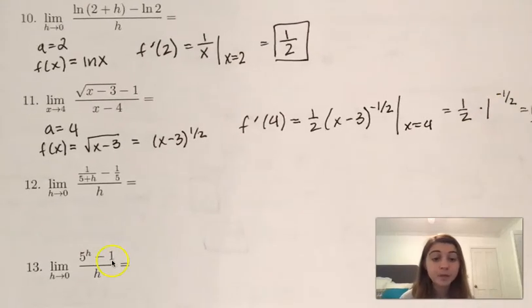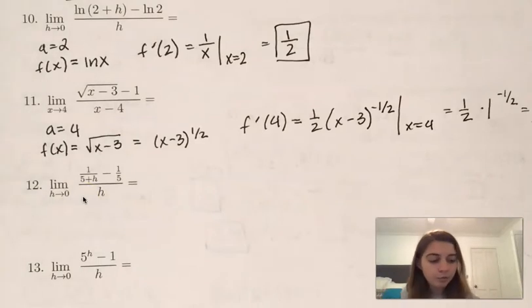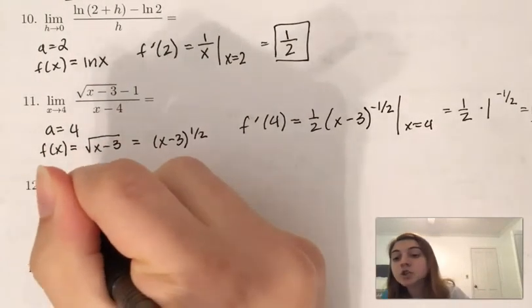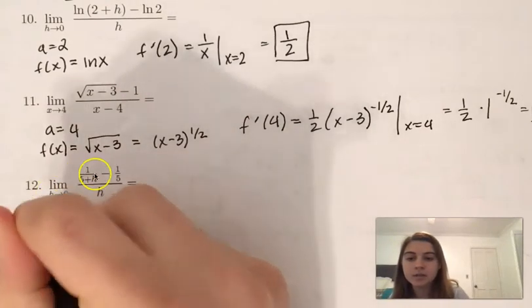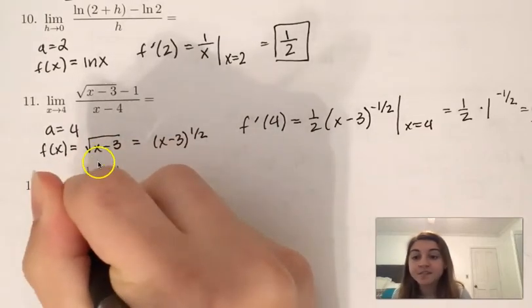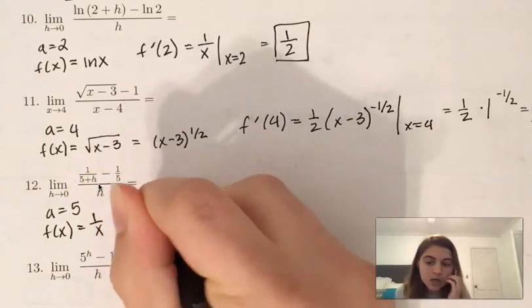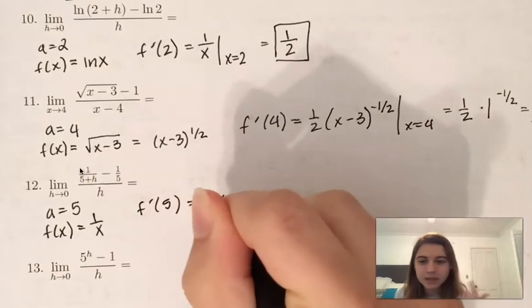Forgot that little part. Number 12, we have another h way. This one's a little funky. So our a is what's being added to h, if you can see it there. 5 plus h, still the a. And the function is this thing, so it's 1 over x. Even though there's something else on top, even though it looks intimidating, it's pretty simple still.